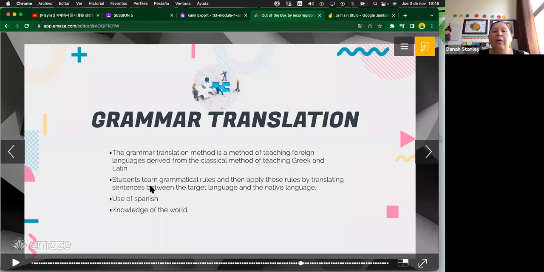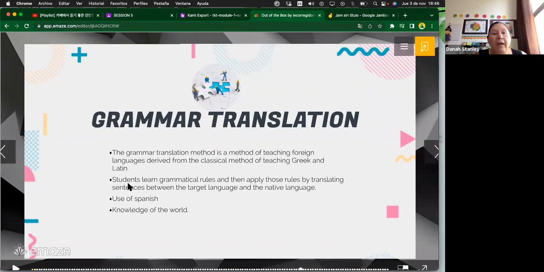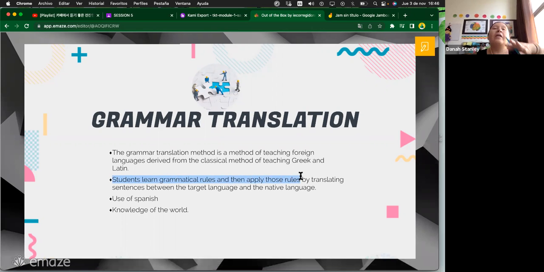So before doing the grammar translation, they need to learn the grammatical rules and know how to use them. So they need previous knowledge.